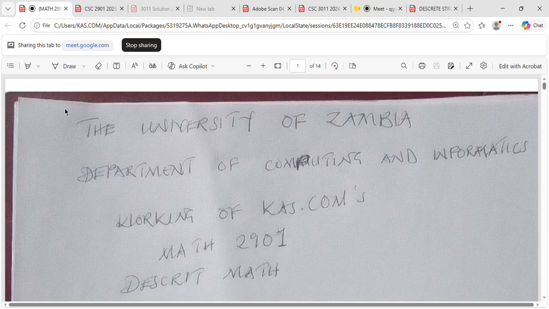It seems there are processes running in the background which I can't find. Okay, so that's question 1. Suppose P and Q are statements that can evaluate to true or false.